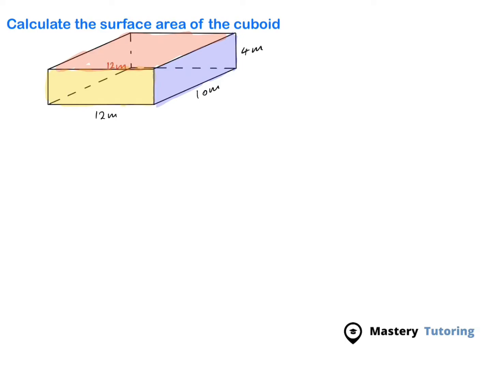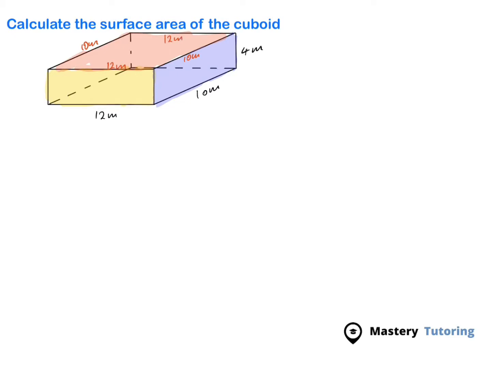Same thing goes with this one. Since this one is 10, this one has to be 10 as well, 10 meters. Because this is 10, it's parallel to that side. Take this as a rectangle again. This is parallel to that, so this is going to be 10 meters as well. And because this is parallel to that and they're equal, this side is going to be 12 meters.